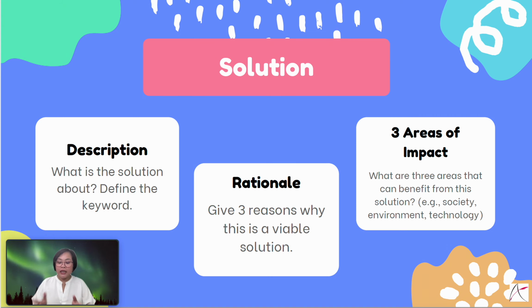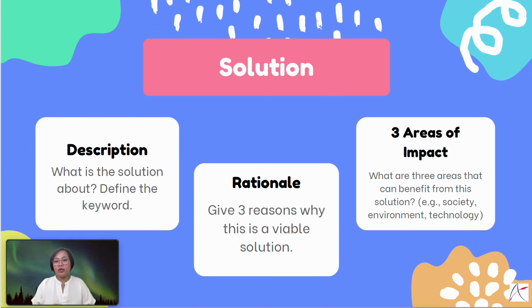It would really help the audience and the panelists later to understand your research. So clearly define what the solution is, and give the steps, for example, if it requires steps.